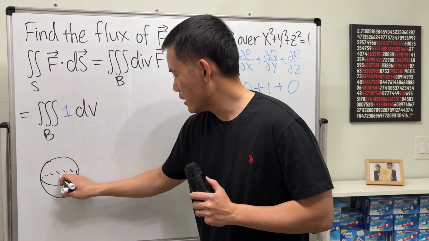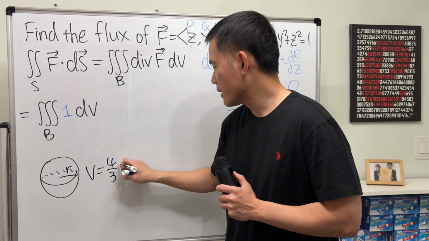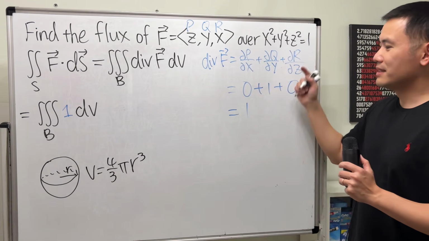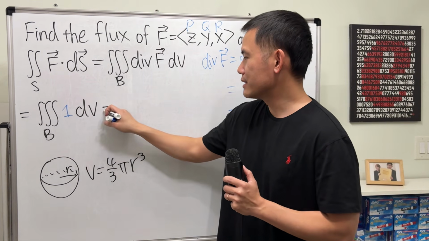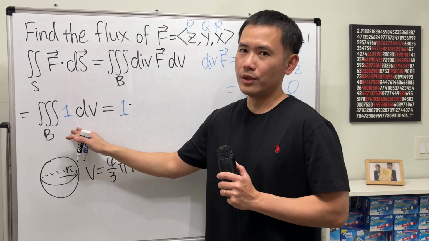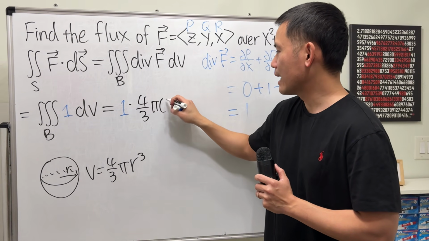So here, if the radius is r, then the volume is equal to 4/3 pi r cubed. Here, the radius is equal to 1, so all you have to do is, we have the 1 right here times the volume of the unit ball, which is just going to be 4/3 pi times 1 cubed.